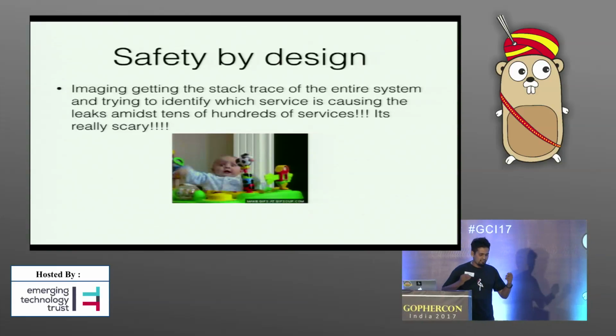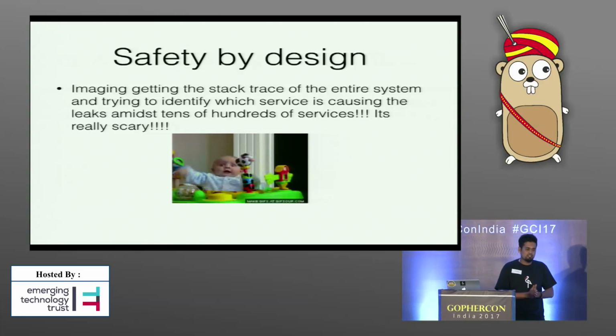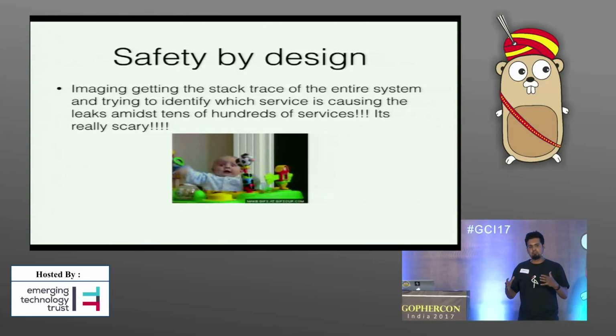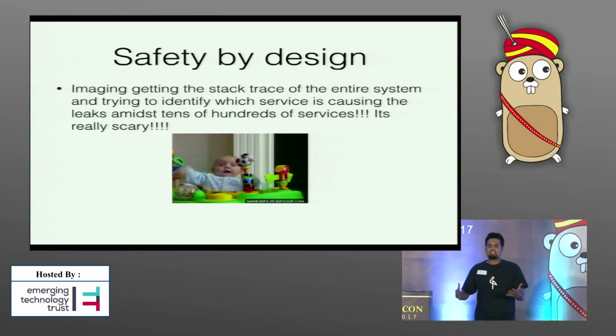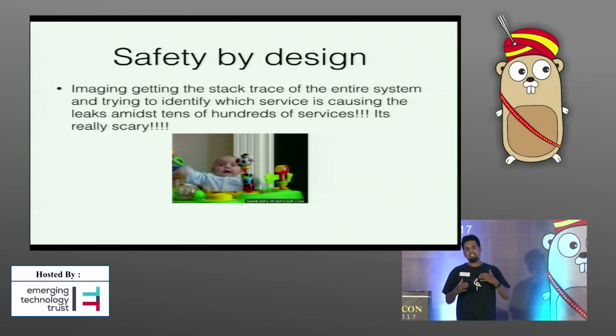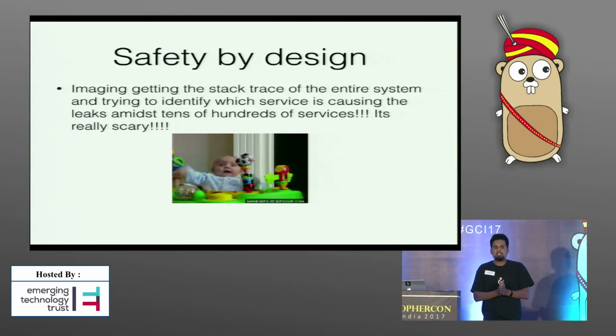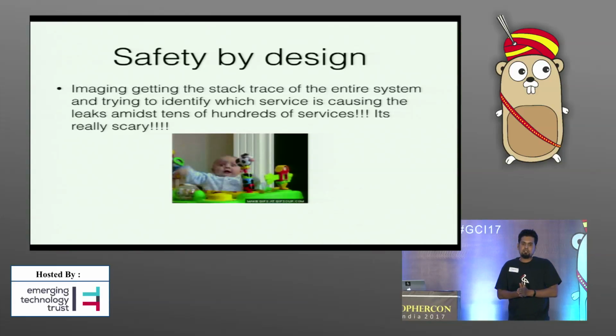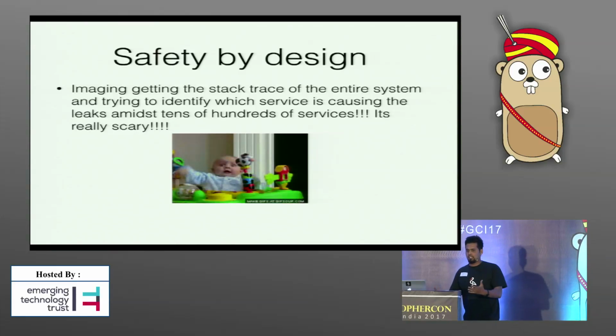Now imagine trying to get the stack trace of your service where the entire service is in one binary. You cannot make sense out of it. But if these services are separated and built as different containers, or you follow the microservices architecture, it's really easy to identify the buggy endpoint or a buggy service.